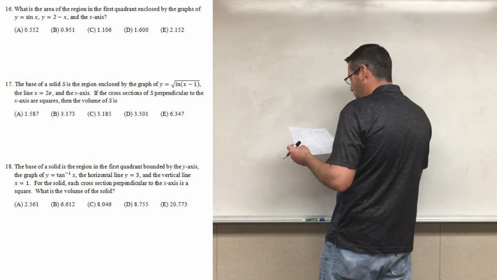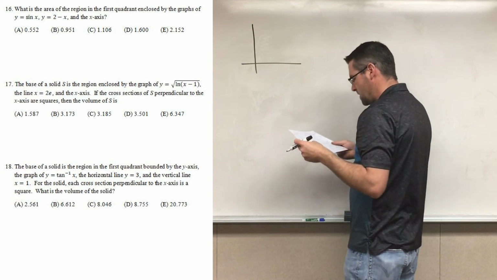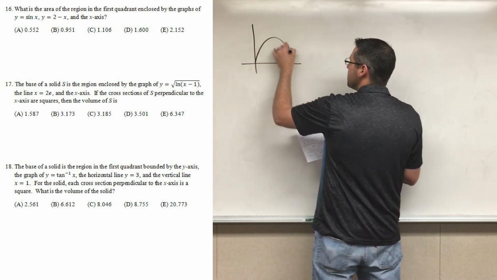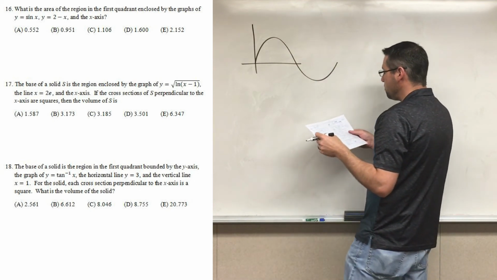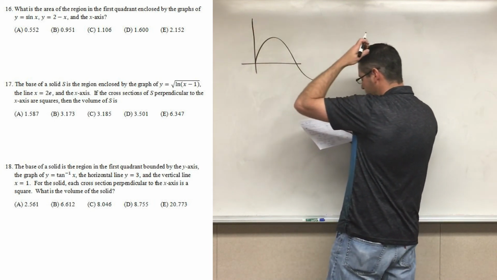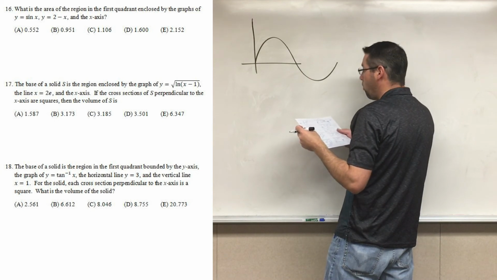Number 16, it says, what is the area of the region in the first quadrant enclosed by the graph y equals sine of x? So sine of x looks like this again. Y equals 2 minus x, so that means we're going to have a y-intercept of 2 and a slope of negative 1.